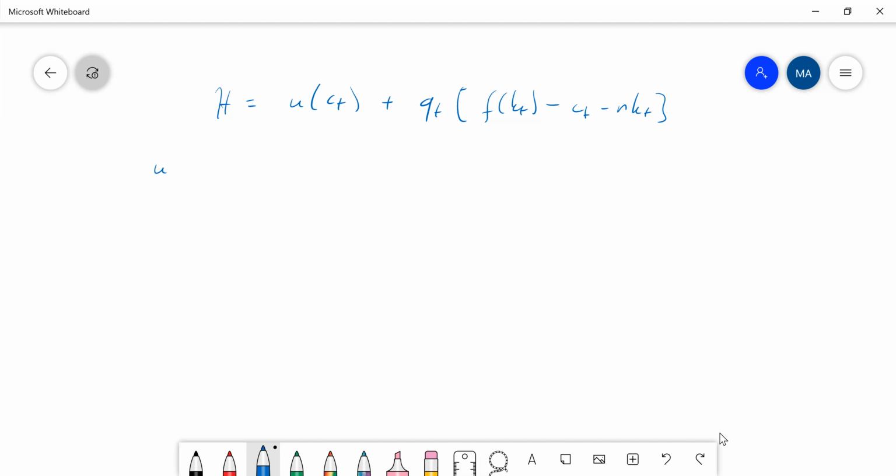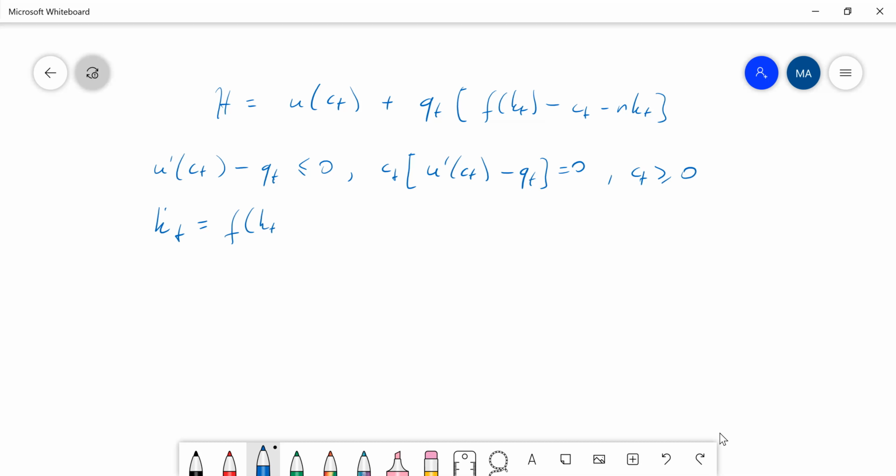I have U prime c(t) minus q(t) less than or equal to 0, c(t) times U prime c(t) minus q(t) equals 0, and c(t) greater than or equal to 0. Then I have k dot(t) equals f(k(t)) minus c(t) minus n k(t).